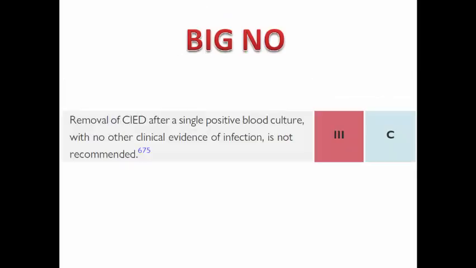And the big no in this task force is that removal of the device after just a single positive blood culture is not indicated if the patient has no other clinical evidence of infection, based on symptoms, signs of local pocket infection, presence of vegetation, and using PET scan. All of these should be used in order to confirm or exclude the presence of cardiac device infection. Do not depend on just a single positive plaque culture to perform unnecessary device extraction.